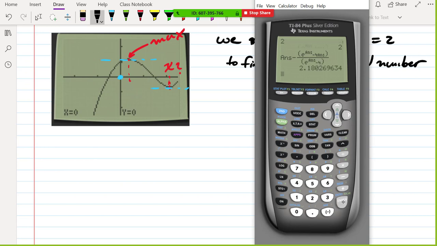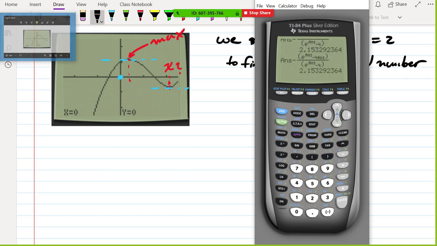When we press enter this time, enter, enter. All right, and there it finally stops changing.